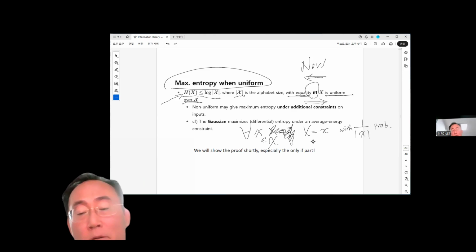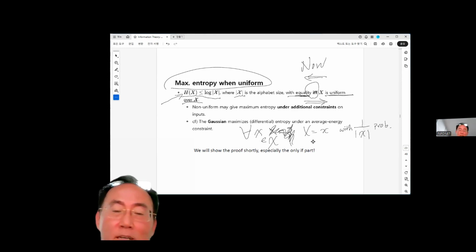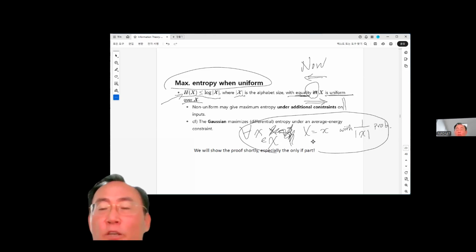For any x in the alphabet, X is equal to x with the probability 1 over size of the alphabet, right? This is same as this language, uniform over X, right?